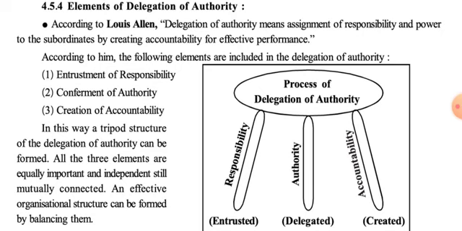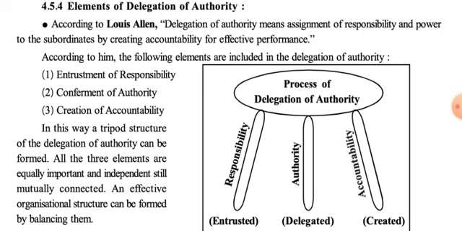When we assign the responsibility and authority to a person, then we have to see whether they are doing it or not. And if any deviation is there, then we should take corrective actions.